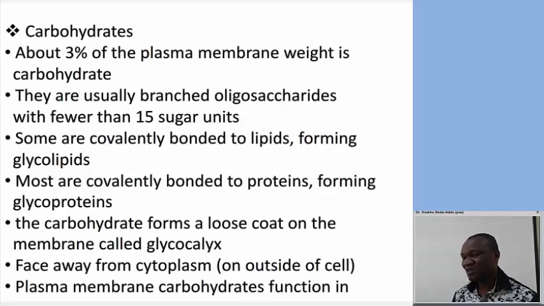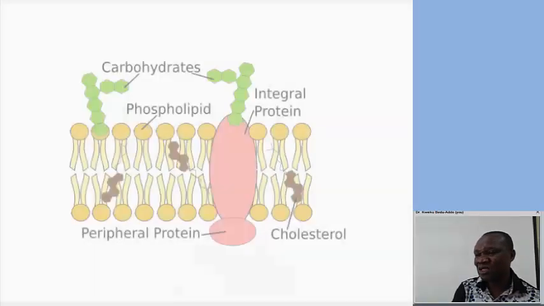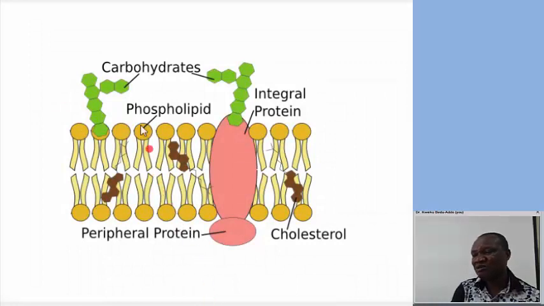Now, the carbohydrates would interact with the phospholipids to form glycolipids, or they would interact with the proteins to form glycoproteins. So here we have a carbohydrate interacting with the phospholipids to form glycolipids, or interacting with proteins to form glycoproteins.